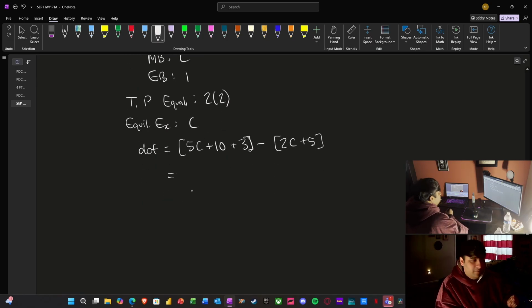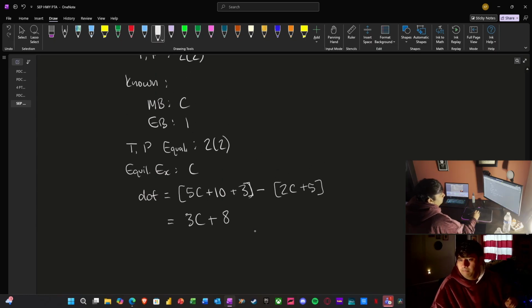So our degrees of freedom for our feed stage is 3C plus 8.